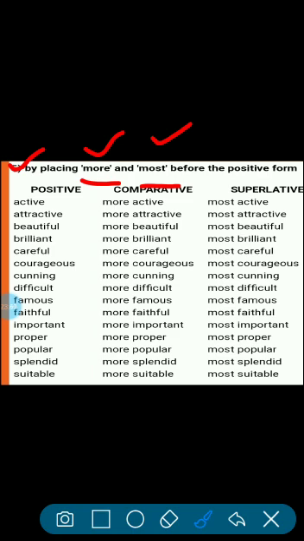So it is used for the longer words, the words that have 2 or more than 2 syllables. Active, 2 syllable word, active. So we add more to make comparative form of it. It becomes more active, and we add most, so it becomes most active. Attractive, attractive, 3 syllable word.